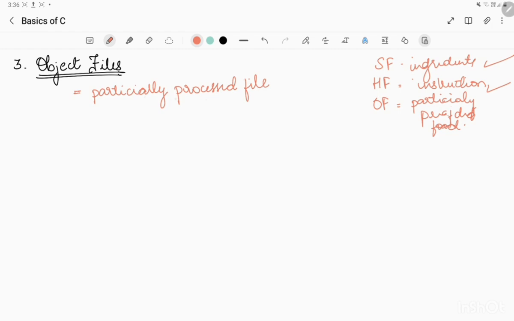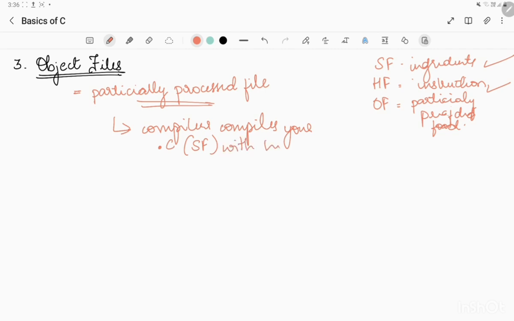So object file is basically a partially processed file which is created when the compiler compiles your .c, which is source file, with the help of header file, right?